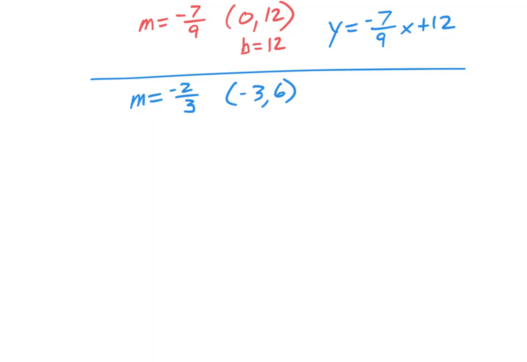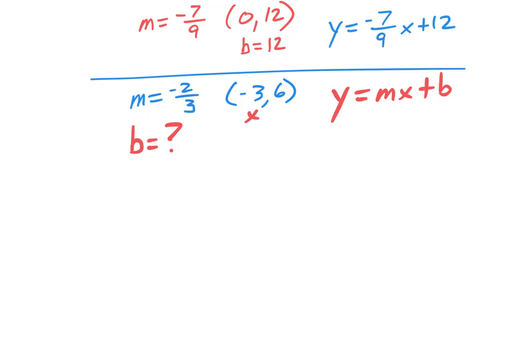So if we were to put this into y equals mx plus b form, we know slope, but we don't know the y-intercept. The y-intercept is what we're missing. So if we write out y equals mx plus b again, b is the piece that we're looking for. We know m.